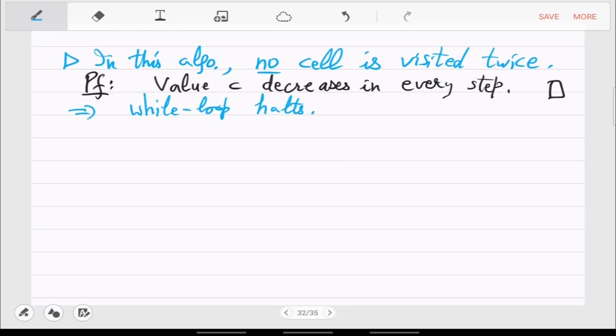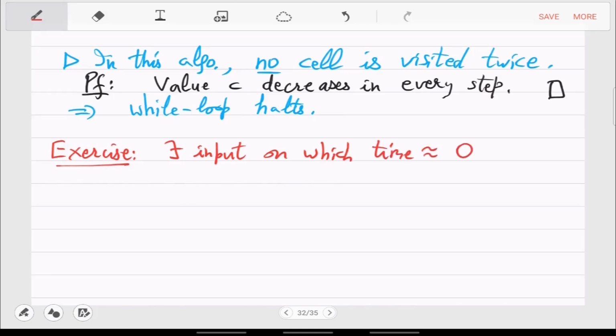But in how many steps will it halt? This is not clear. Because again, when the adversary sees this algorithm, the adversary can design an input where you will be forced to look at every cell. You can design a sequence of neighbors so that no cell is left unexplored. As an exercise, you can show this: there exists an input on which time is n square.